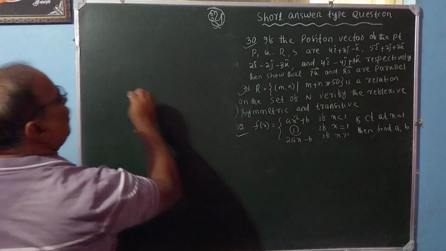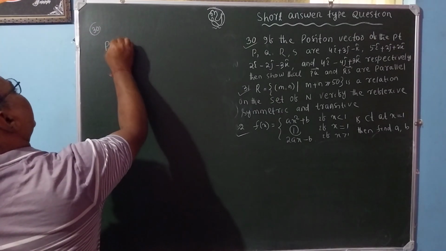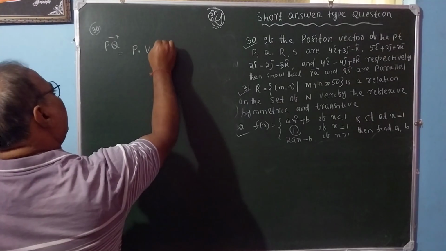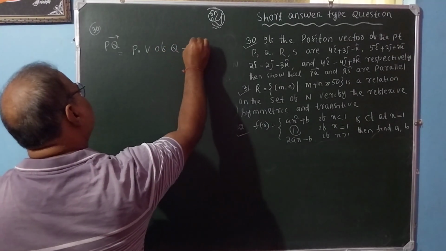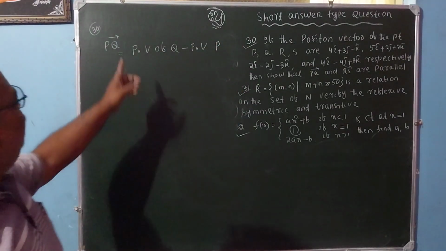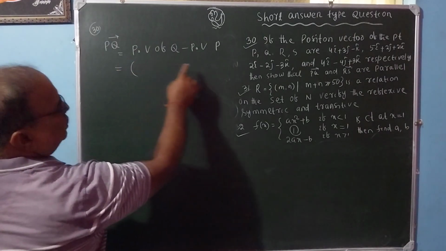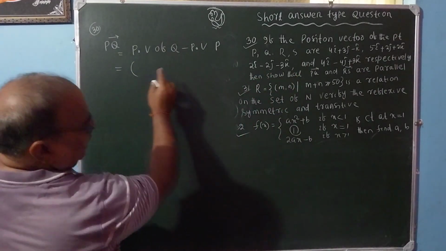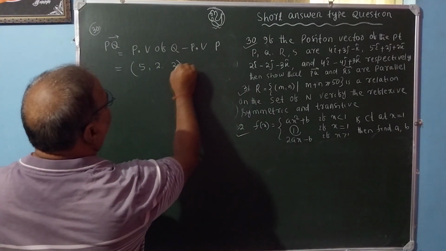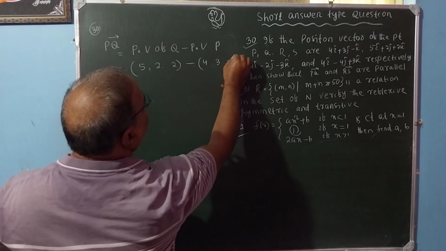Now we have to find the PQ vector. PQ vector means position vector of Q minus position vector of P. The position vector of Q is 5, 2, 2 and the position vector of P is 4, 3, minus 1.